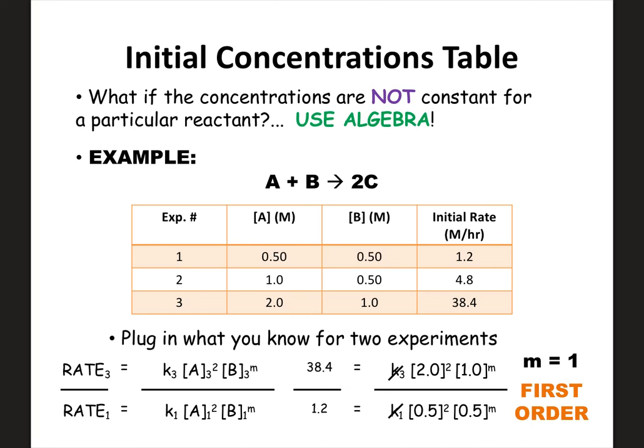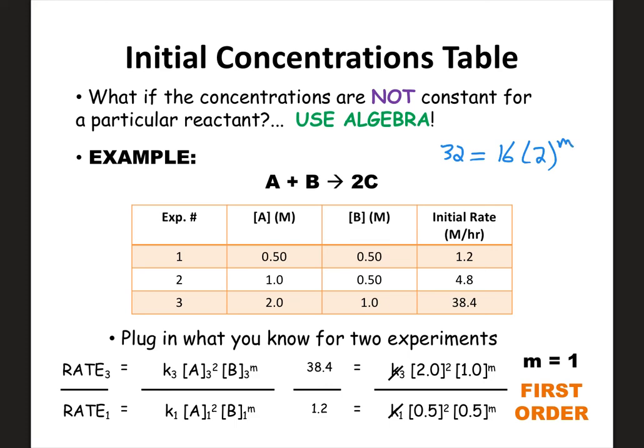So if you need to see this written, essentially what you have is when you divide the rates, you have 32 equal to 16 when you do the math of 2 squared divided by 0.5 squared, times, well, 1 divided by 0.5 is 2, to the power here of m.